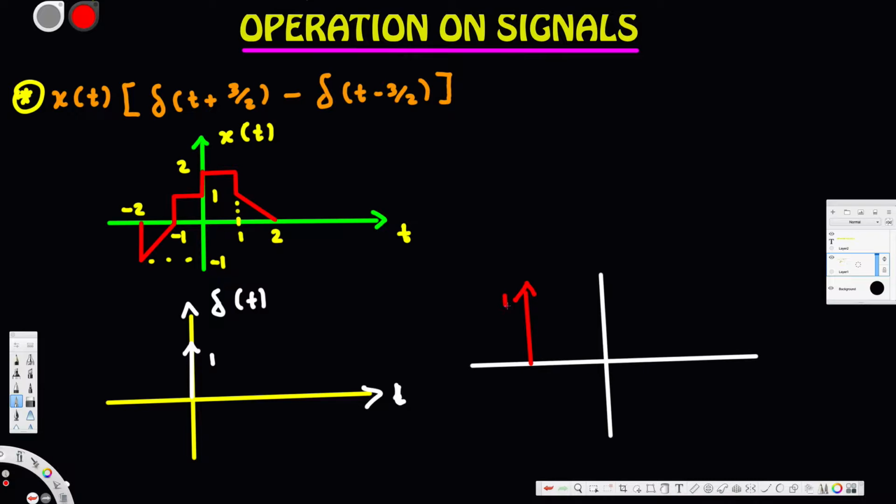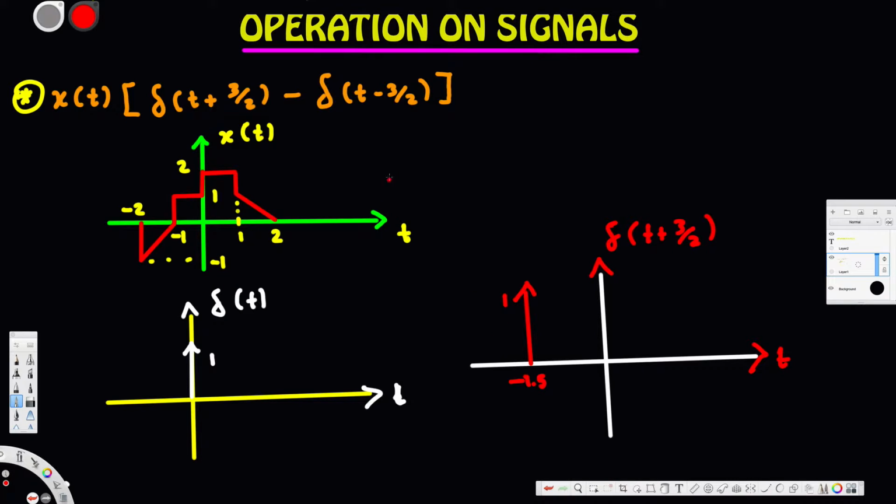The area is still going to be 1, and this is at negative 1.5 right now. So this is, actually, delta of t plus 3 by 2. Now this is t, right? Delta of t plus 3 by 2, this is t.